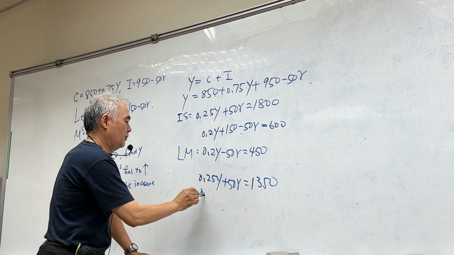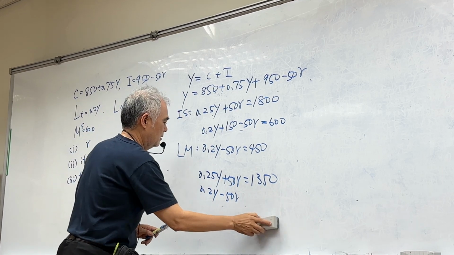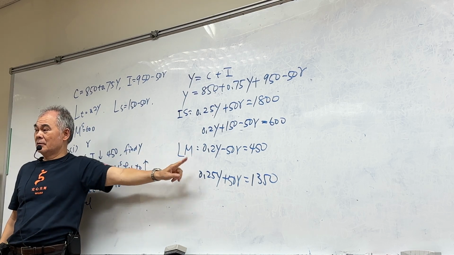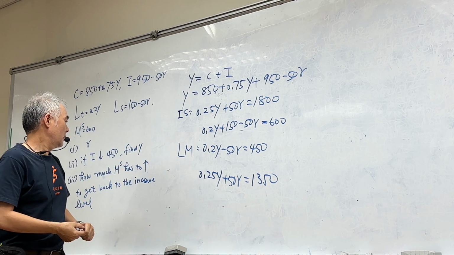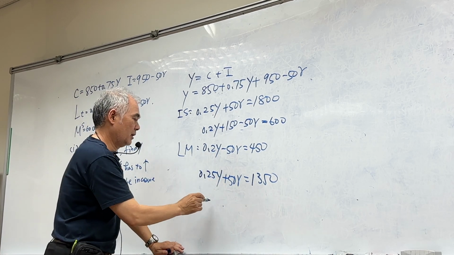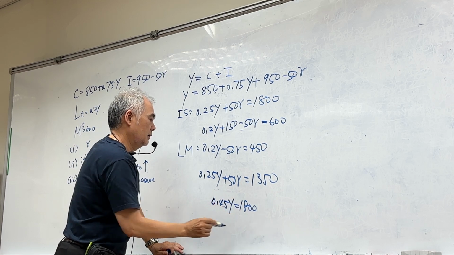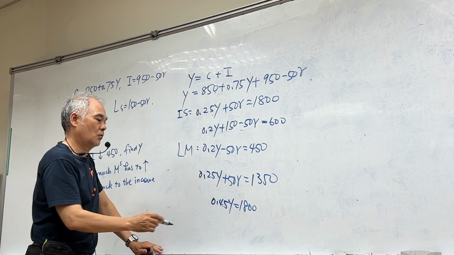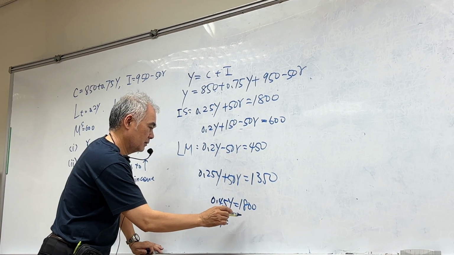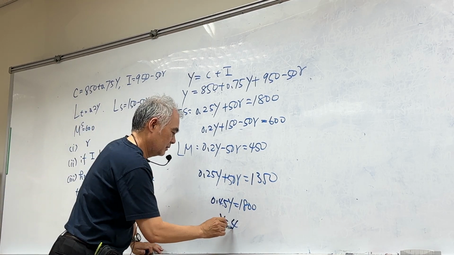And then you have 0.2Y minus 50R. The LM curve doesn't change. So let's find Y. Again, add them together. 0.45Y is equal to 1800. So Y is equal to how much? 4,000. Okay, thank you.